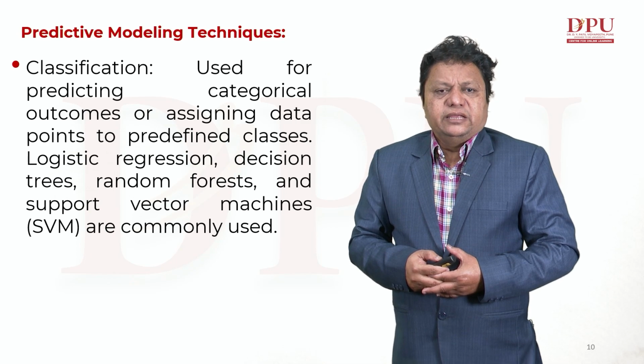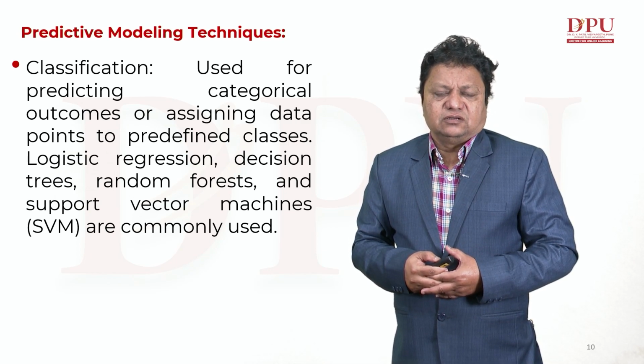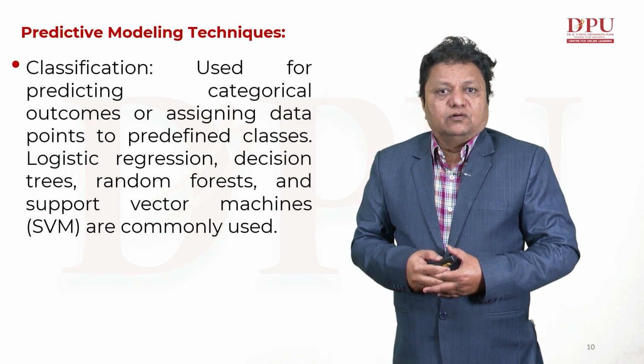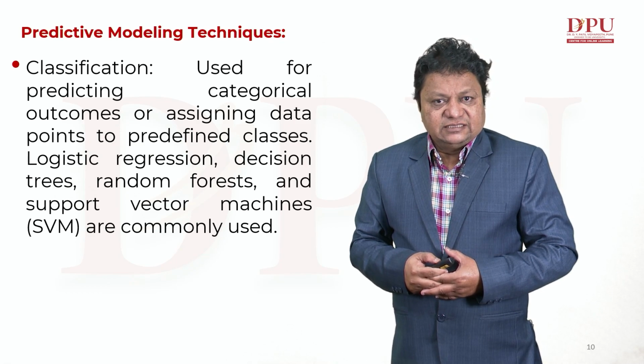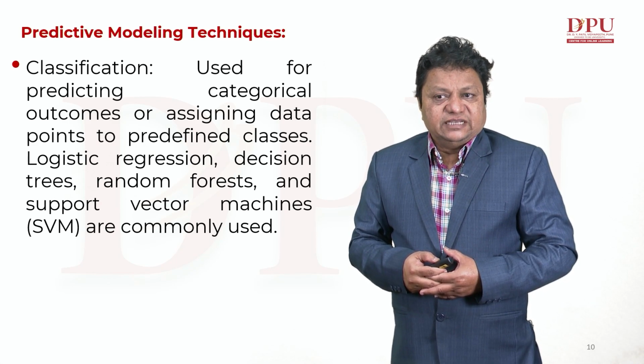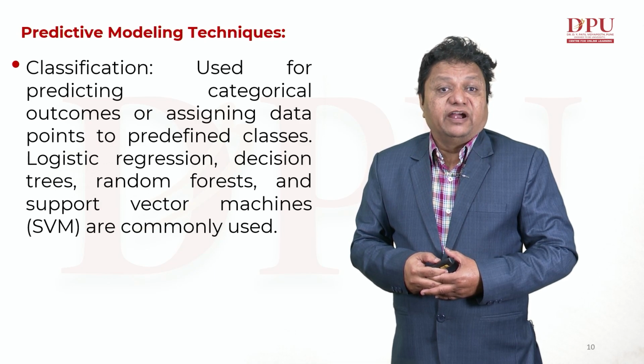For example, in email analysis, whether an email is ham or spam, I can use the classification modeling technique. Wherever we are predicting a categorical outcome, we can use the classification model. In a classification model, we assign the data points to predefined classes.